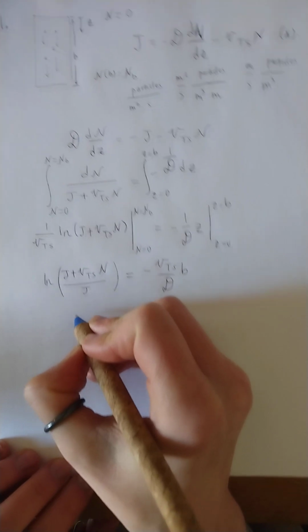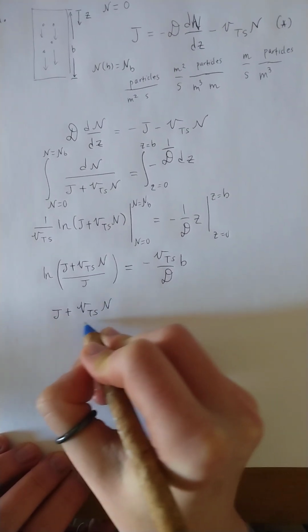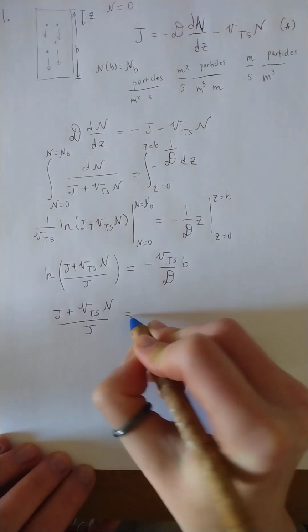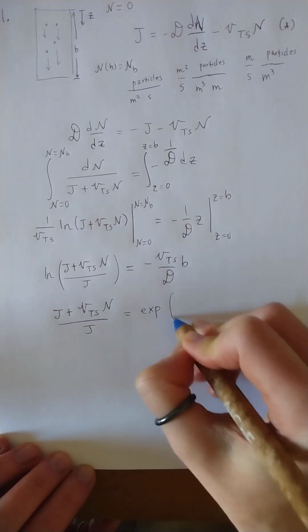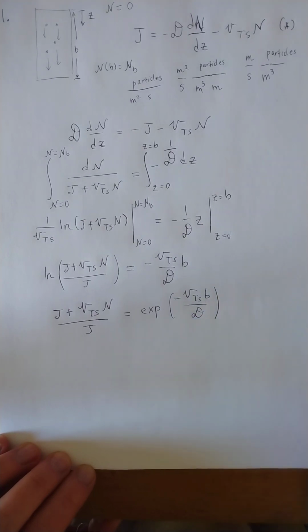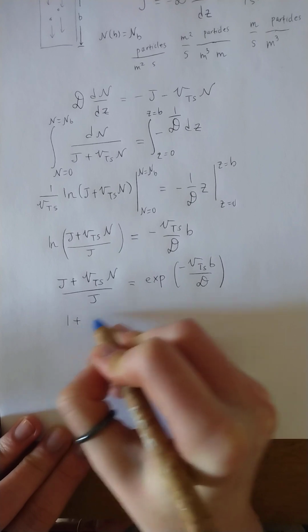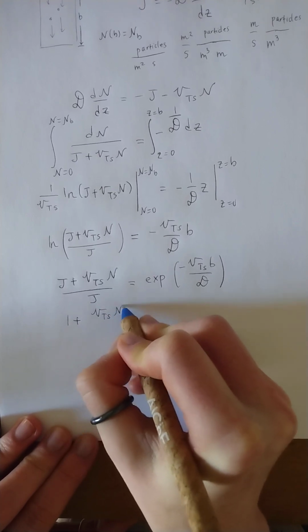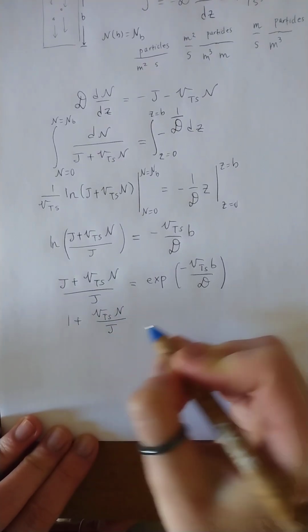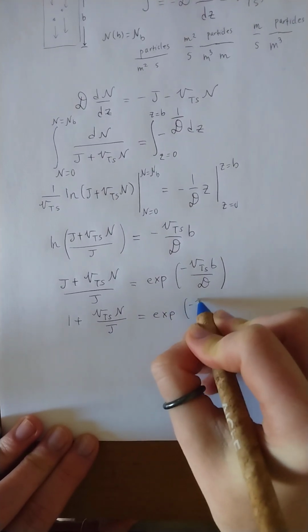Okay, we have a little bit more algebra to do here. We need to take an exponential of both sides. We're solving for J, right? We wanted the flux. That's our end goal. So J over J is 1, and v_ts times n over J is this exponential.